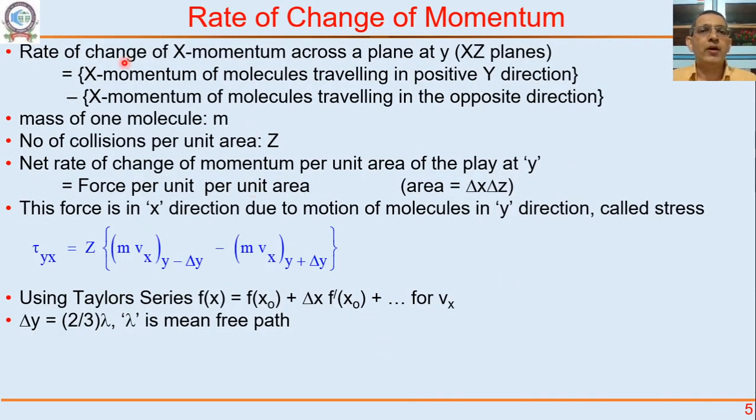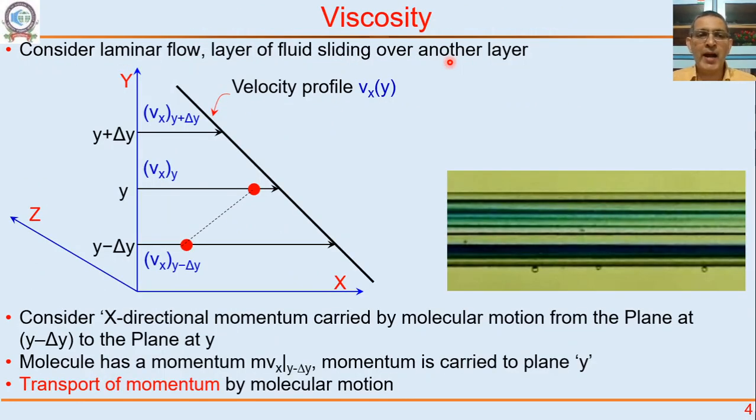Now the rate of change of momentum in the x direction, so we are going to say x momentum, meaning momentum in the x direction. Where is this momentum getting transferred? It is transferred to a plane at y. That plane at y is this plane, right? What is the area of this plane?